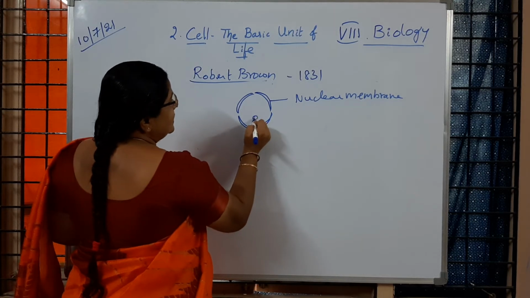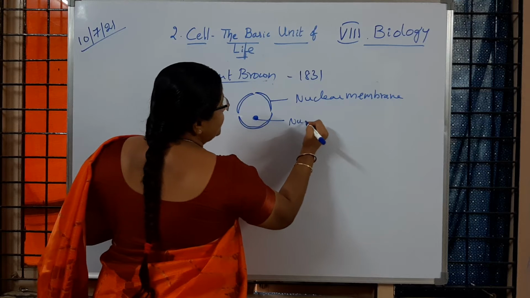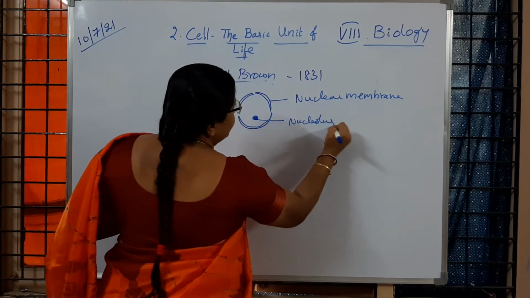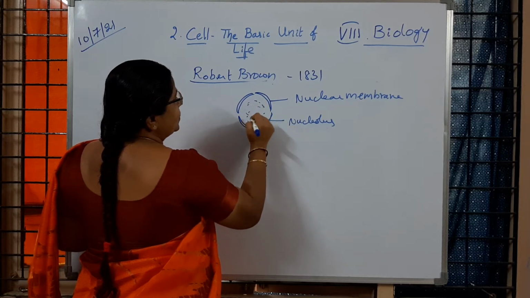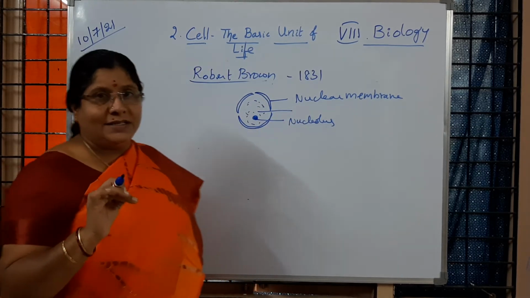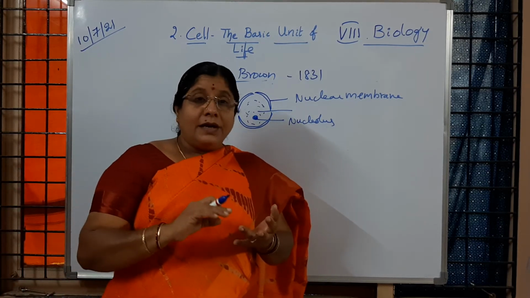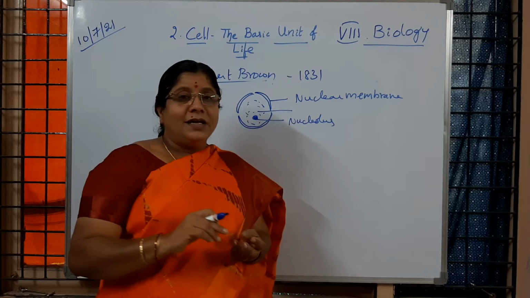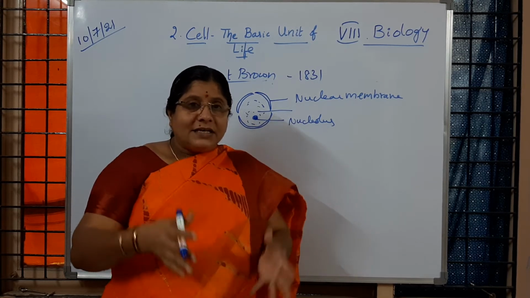Then at the center of this nucleus we observe a dark staining body, the nucleolus. Inside that is a jelly-like fluid. Earlier, in onion peel cells or human cheek cells, you learned about the cytoplasm, which is present inside the cell.